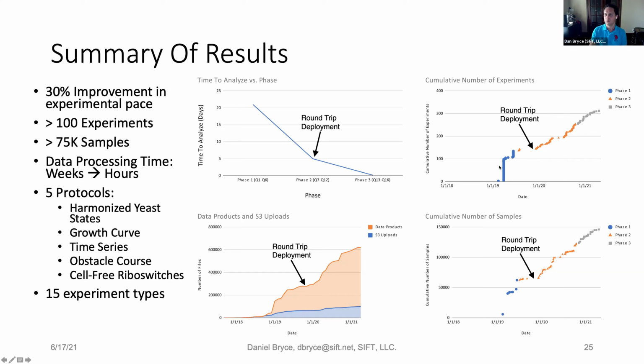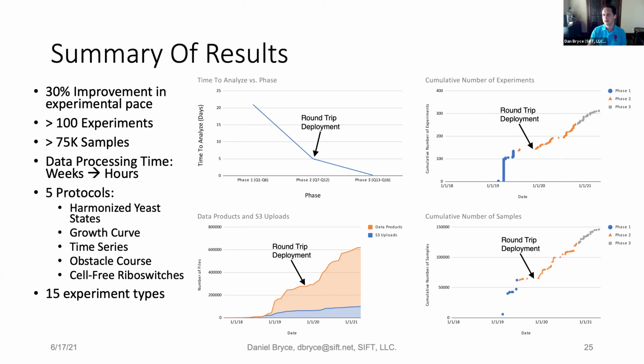It took us a long time to get any data incorporated into our database and ready to be analyzed. And we had a big jump where we went from almost no data up to maybe over 150 experiments. Once we deployed the round trip, we saw a much more consistent addition of new experiments to our data set.